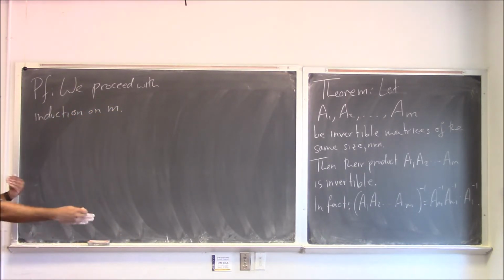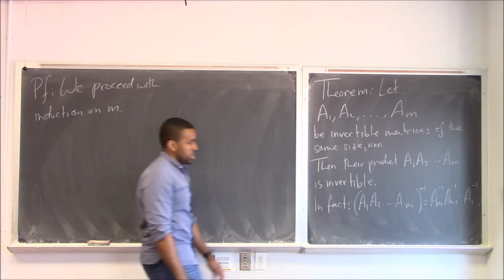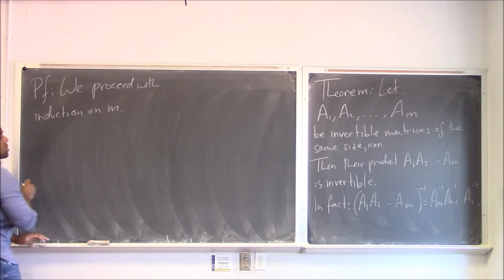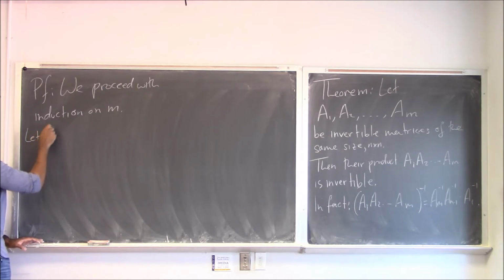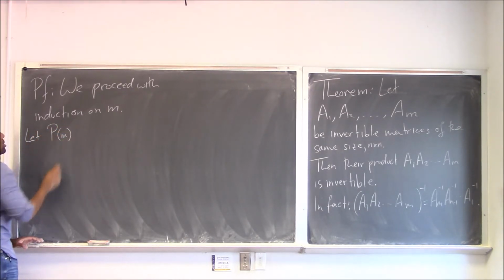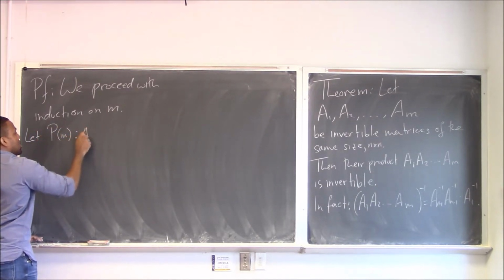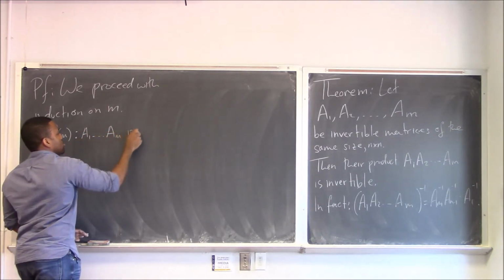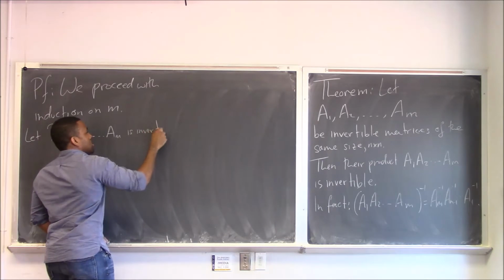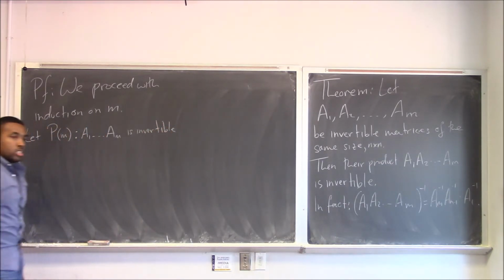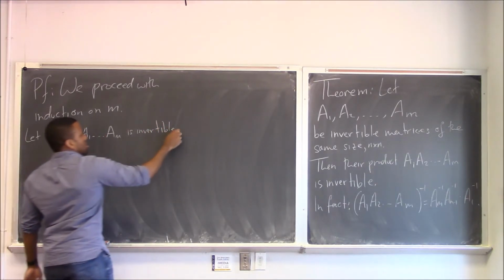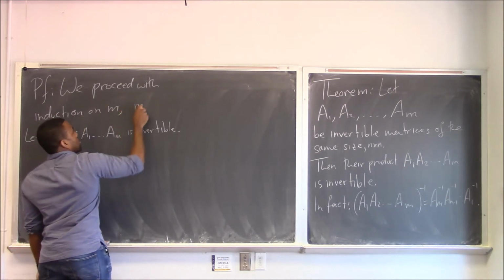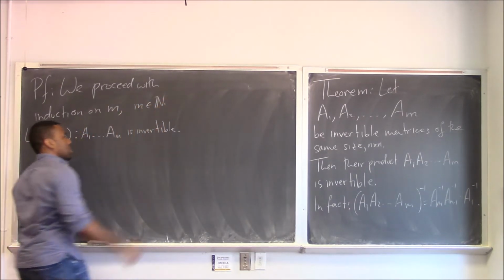So I'm going to do induction on the number of elements that we have here. I'm letting P(m) be the statement that A1 multiplied up to Am is invertible. This is a statement that depends on the integer m, where m is a natural number.